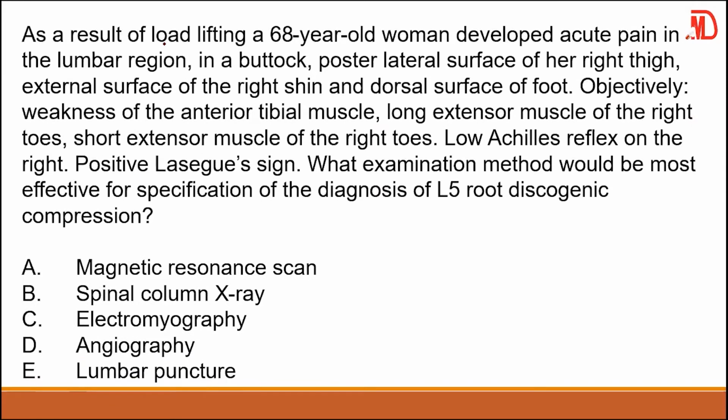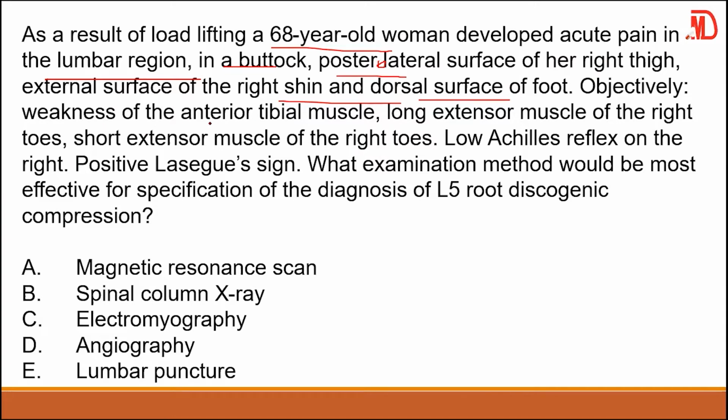As a result of a load lifting, a 68-year-old woman developed acute pain in the lumbar region, in a buttocks, posterior lateral surface of her right thigh, external surface of the right shin, and the dorsal surface of the foot. So there is pain in all of these areas.